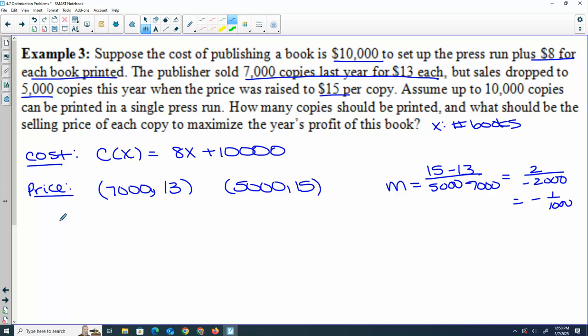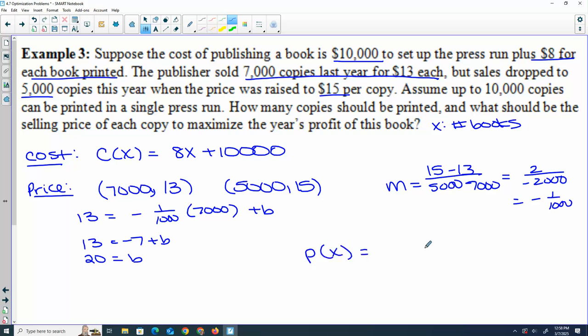So if you plug into y equals mx plus b, always use the first point. y is m times x plus b. So my b is 20. So my price equation, lowercase p, is negative 1 over 1,000 x plus 20.